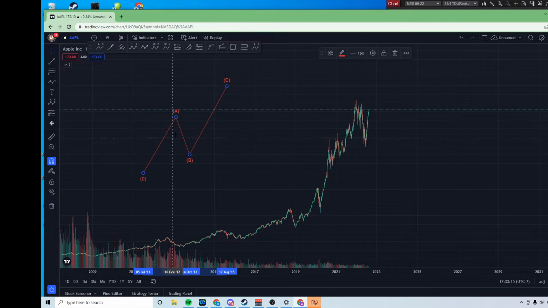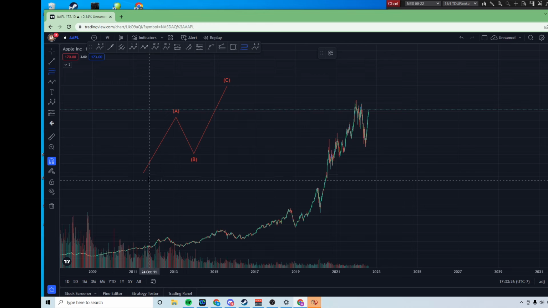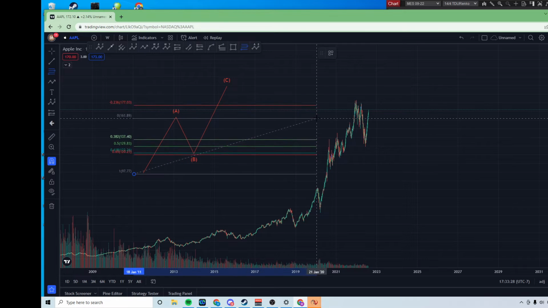So obviously you have 1, 2, and 3. And what normally happens is when the market starts to pull back, there's a tendency for the B wave to retrace to the 50% or the 61%.